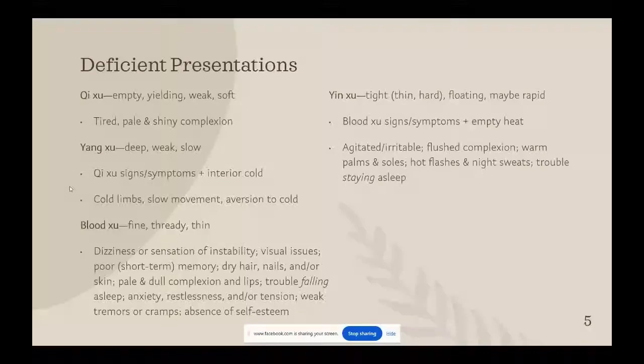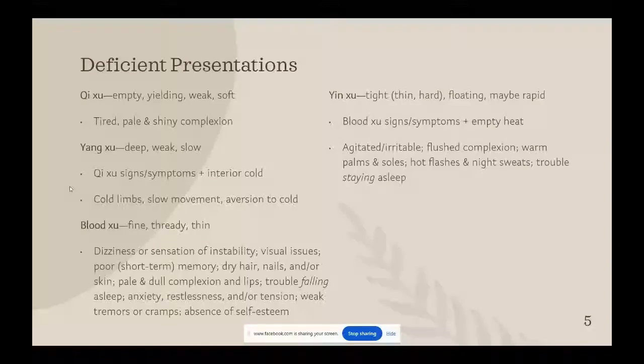So in addition to the signs and symptoms we talked about, there's also what's called empty heat. And this is, as opposed to true heat or full heat, like someone who's not constitutionally hot. Very typical with menopause, things like hot flashes. The person themselves is not dealing with a constant heat.